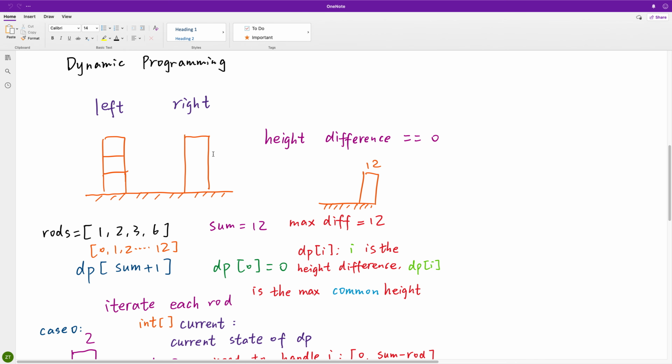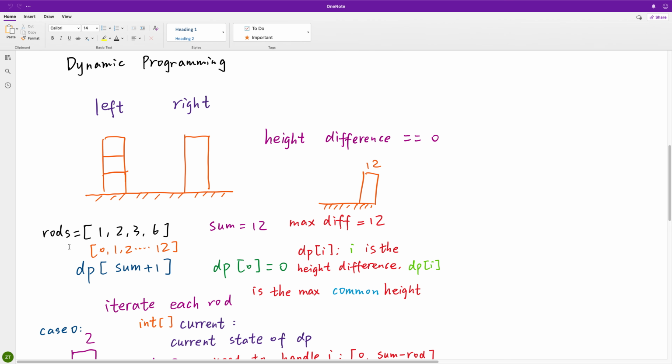So how about we just use the height difference? Because in that case, if we use these two sets' height difference as the key, then we know our final result will be dp[0]. That means these two sets have a distance of 0. So that's it. But what about the maximum distance?